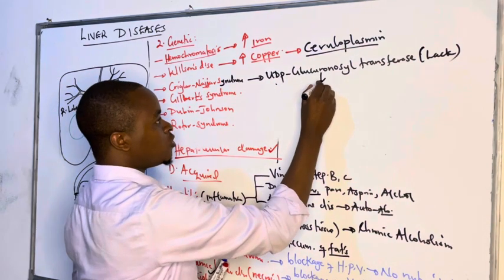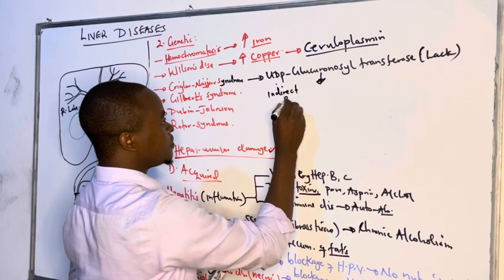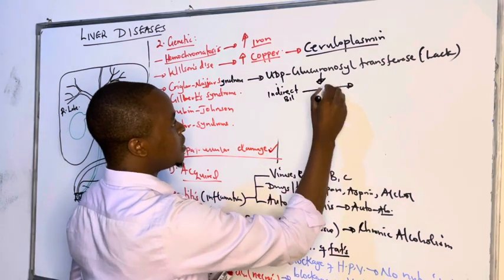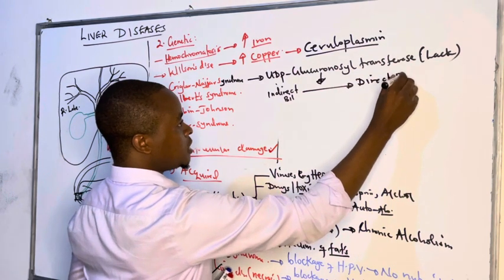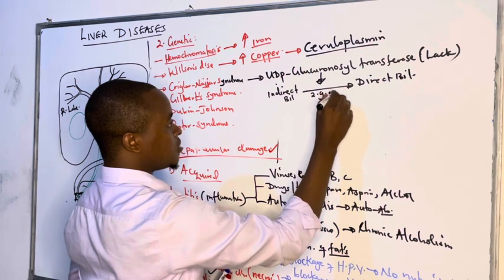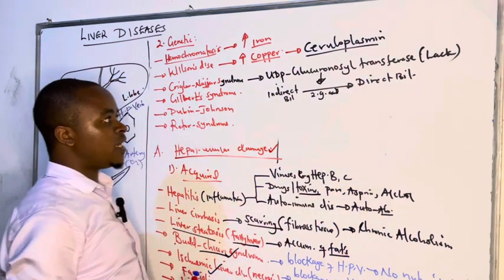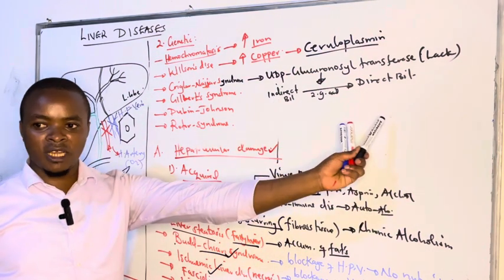For conjugating: if I have indirect or unconjugated bilirubin, it is conjugated by this enzyme to form direct, or conjugated, bilirubin, in the presence of 2 molecules of glucuronic acid. This enzyme adds 2 molecules of glucuronic acid to indirect bilirubin to form direct bilirubin.